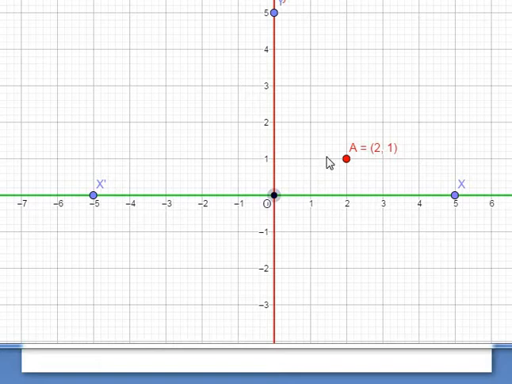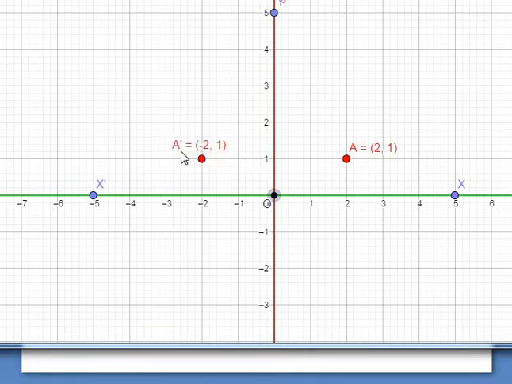Okay, let's see. This A(2, 1) is the object point. If we reflect it about the y-axis, while transforming A about the y-axis, we get A prime (-2, 1).